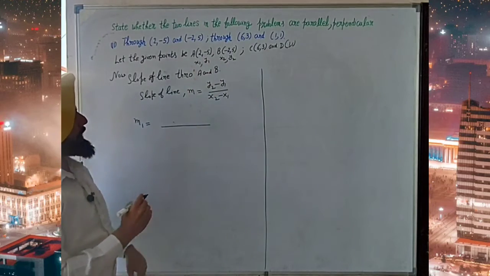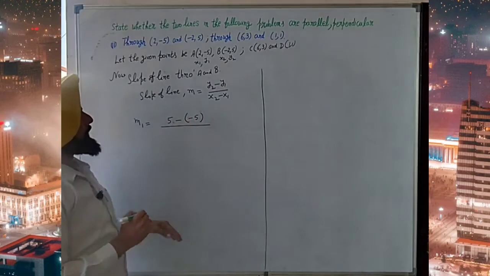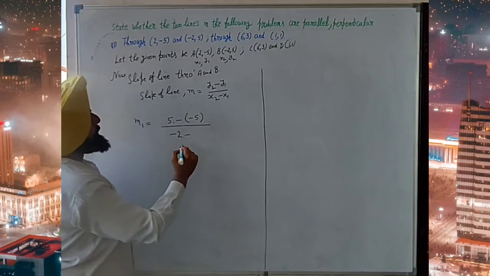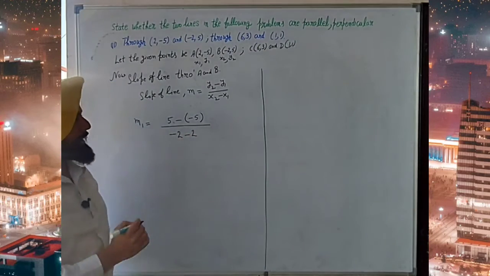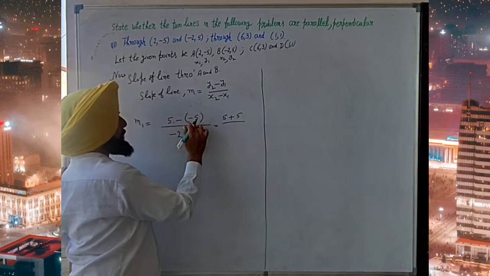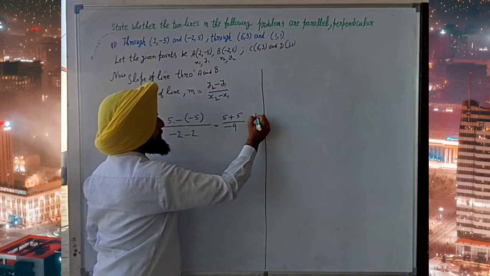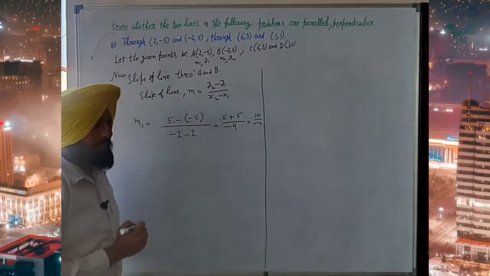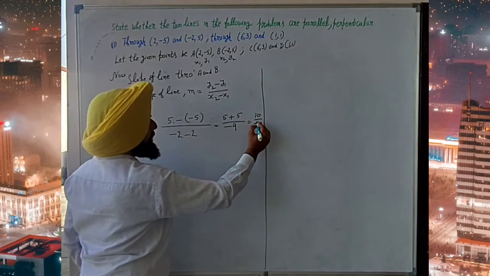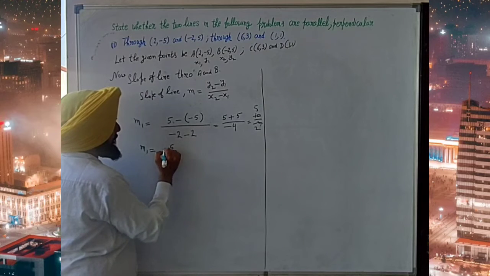y2 minus y1, that means 5 minus 5 over x2 minus x1, 2, and it becomes 5 plus 5, minus minus plus, over 4, and it becomes 10 over minus 4, means m1 equal to minus 5 over 2.